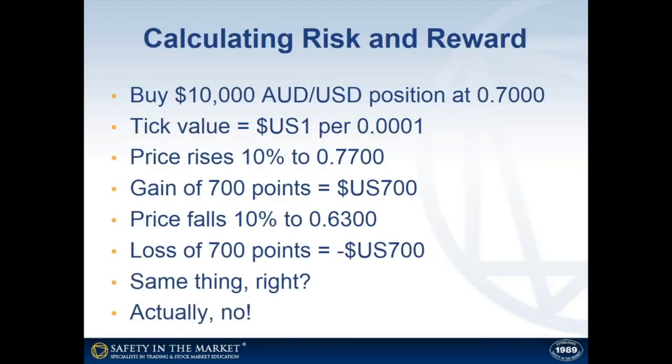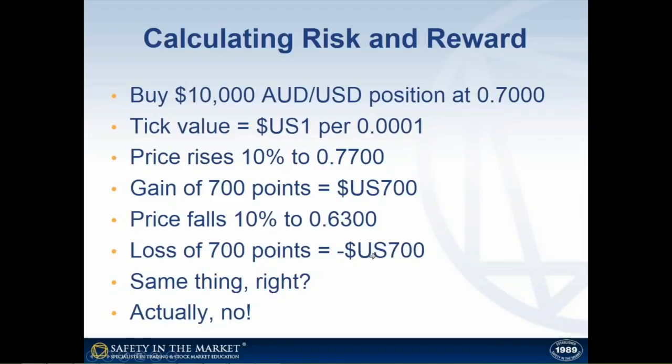It's very different. And the reason it's different is that you're converting the $700 back to Australian dollars at a different exchange rate. I'm going to show you this on the next slide, but basically, if you've had this gain of 700 points, you're converting that US $700 when the exchange rate is at 0.77. So you're converting those US dollars into Aussie dollars when one Aussie dollar buys 77 US cents.